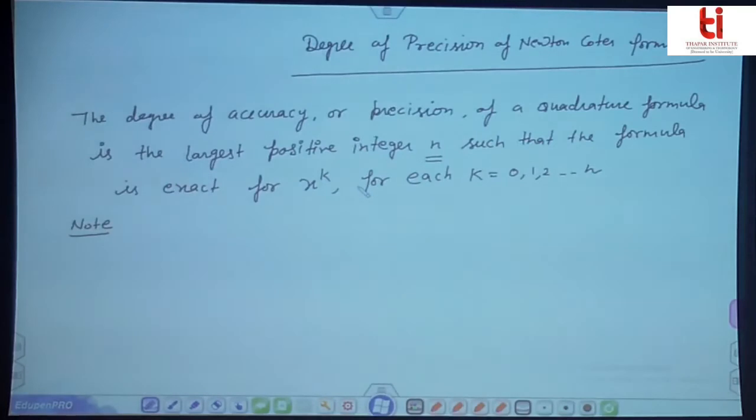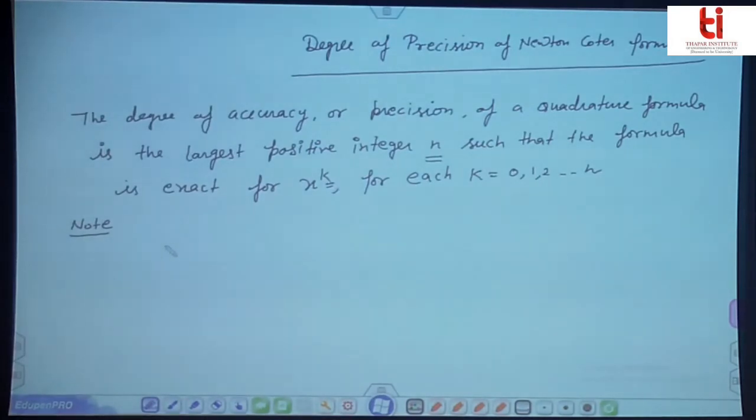Then the degree of precision is greater than k, that means k plus 1. So the degree of precision of the formula will be the maximum value of k till which the formula is exact.